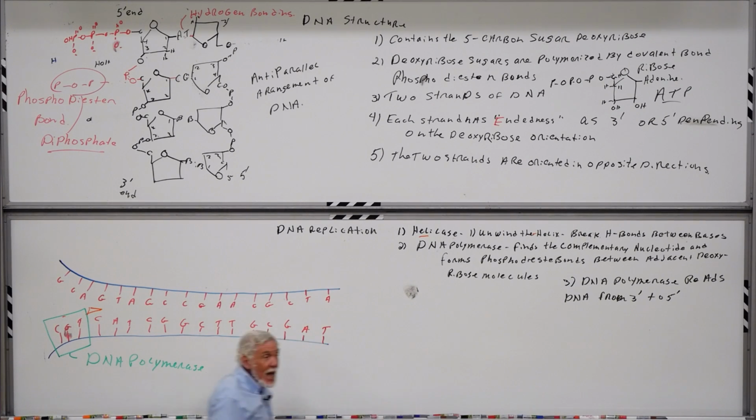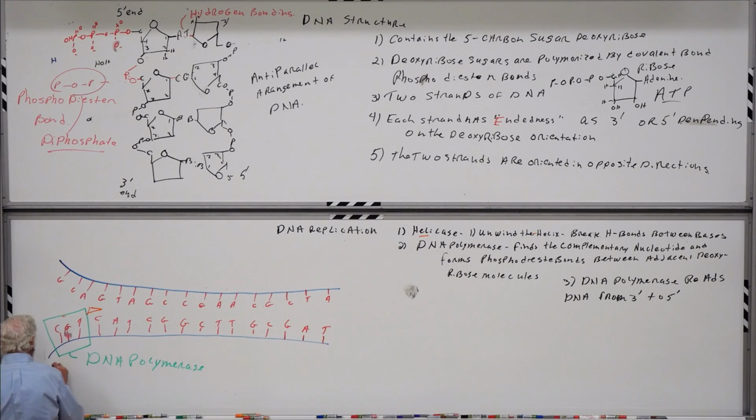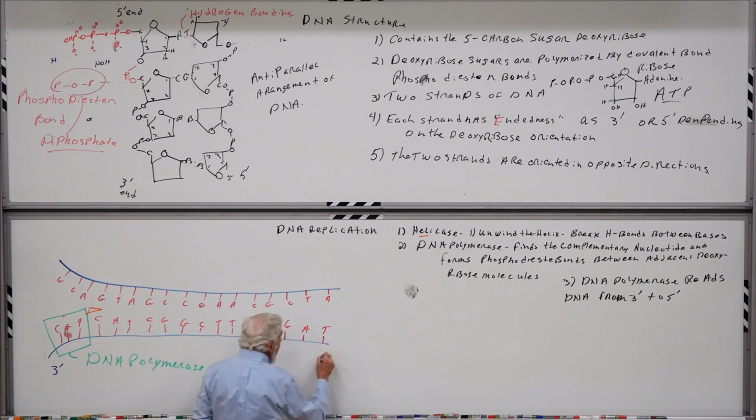So that means this DNA polymerase is going to have to find its way to the 3' end of the molecule. The DNA polymerase is now going to walk along this strand from the 3' end toward the 5' end.